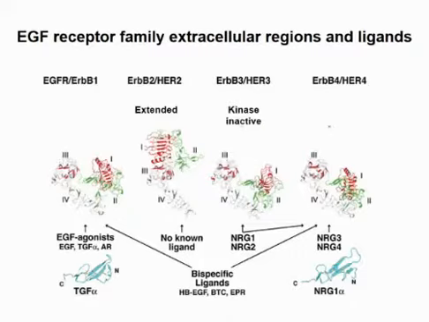And one final wrinkle, again, you don't really need to know this, but number 3 is actually inactive as a kinase. Its kinase domain has natural mutations that render it kinase inactive. So 3 of them are active, 1 of them is inactive, and 1 of them has this rather strange extended structure and has no known ligand.